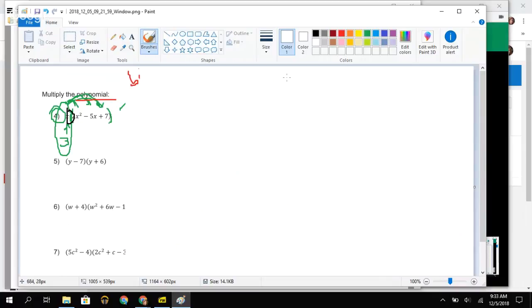Okay, so let's look at number 6, which is missing a parenthesis on mine. So number 6 is w plus 4 times w squared plus 6w minus 1. Okay, so this is the question.